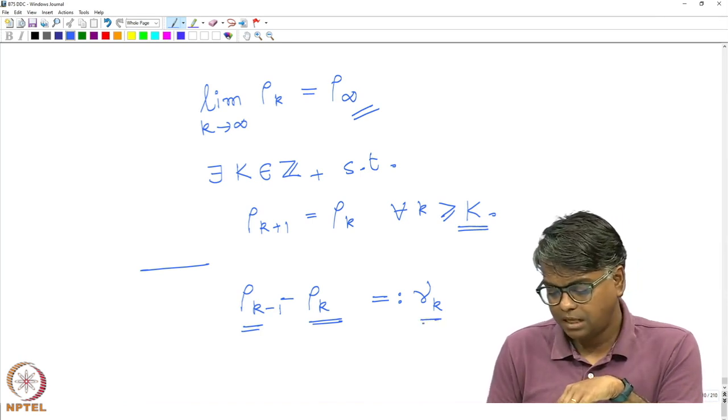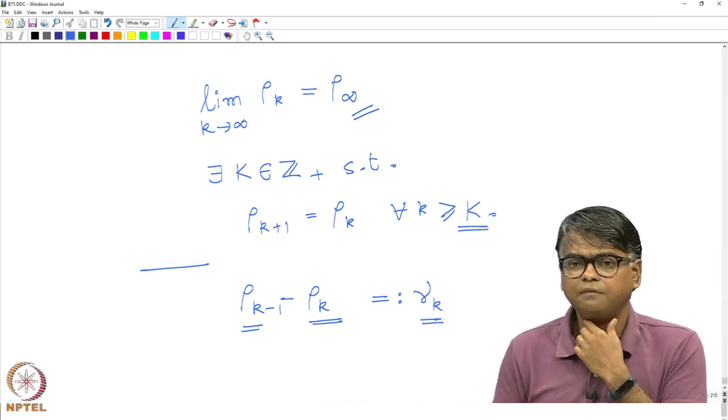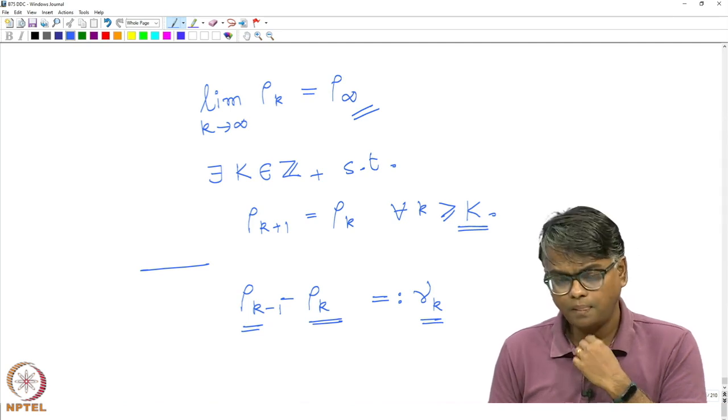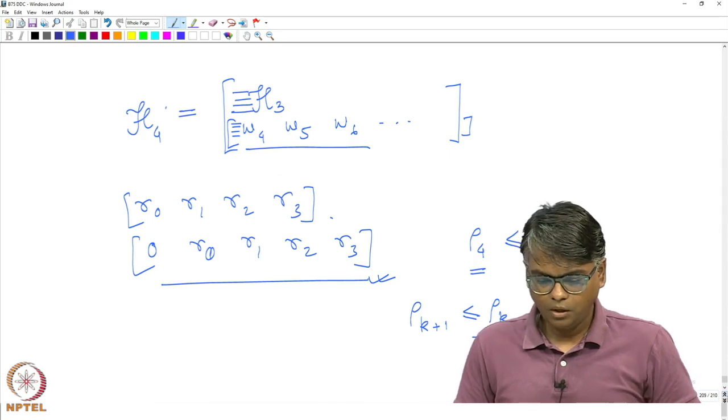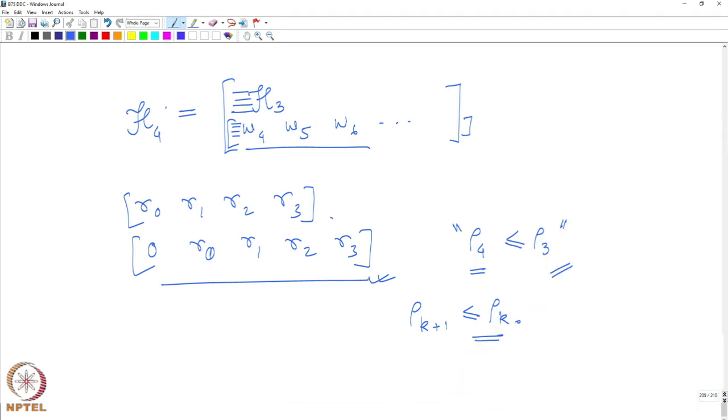So, when I define this gamma k like this, what does this number signify? Can you tell me? Think about this, logically understand this. When I said that rho 4 is less than or equal to rho 3, when is rho 4 exactly equal to rho 3? Rho 4 is exactly equal to rho 3 if all the fourth degree annihilators that I get from H4 are shifted versions of things coming from the left kernel of H3.